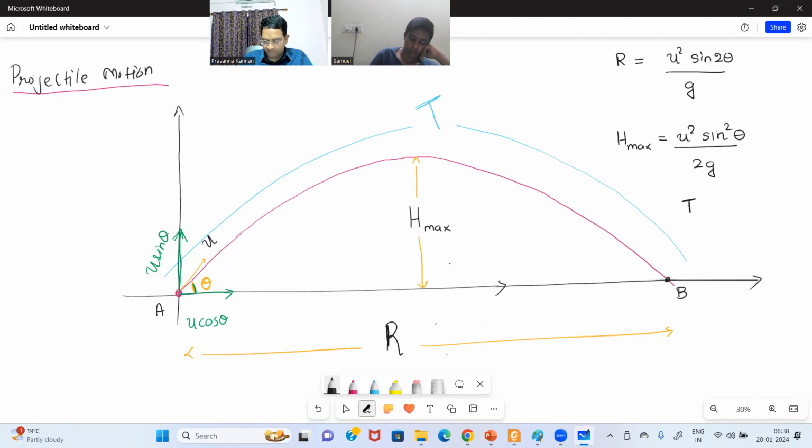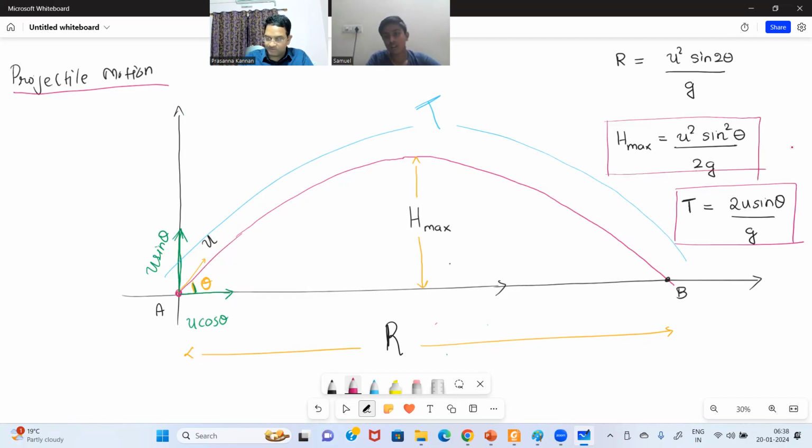Time of flight, the time it remains in air, 2u sine theta divided by g. You can see the involvement of trigonometry in all these, right? Yes. Good, okay.